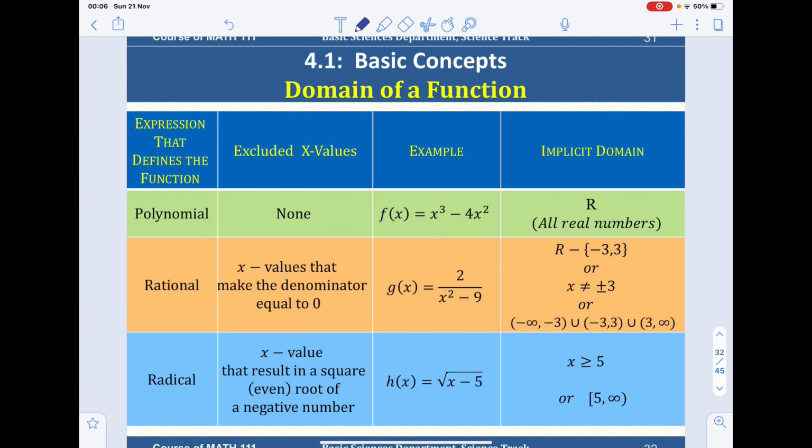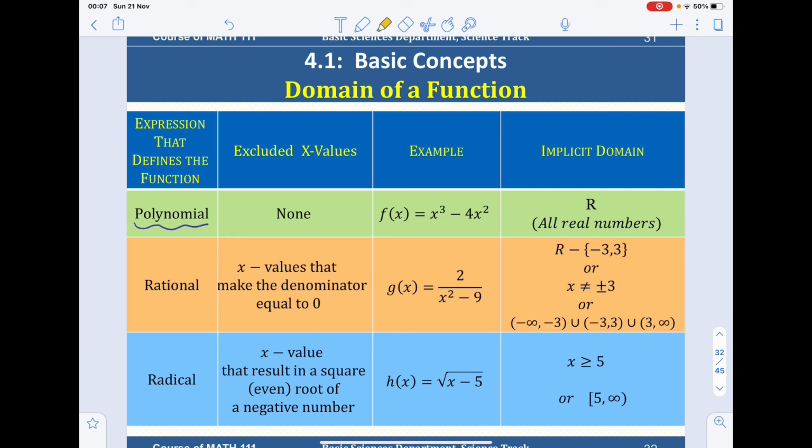If we want to find the domain of a function, we have to look at the function carefully. If the function is a polynomial, and we know previously how to find out whether a function is a polynomial, remember that the exponent of x has to be a non-negative integer.